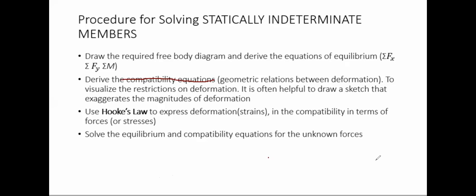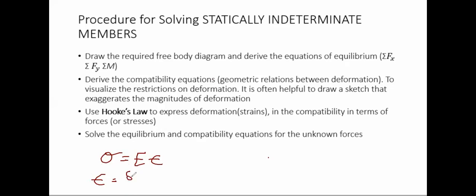Di ba? So, next is yung Hooke's law natin. Naalala nyo, di ba? Yung Hooke's law natin, it starts from stress is directly proportional or equal to modulus of rigidity times strain. Okay? Yan yung original equation natin. And meron tayo, strain is equal to deformation over original length.